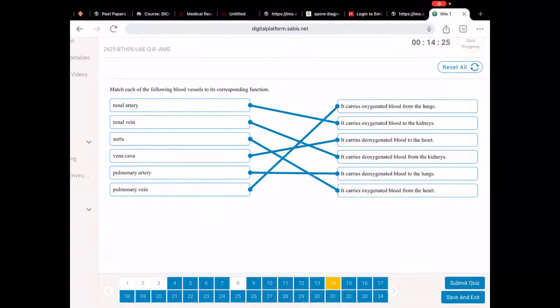Okay. No, Ryan, we said veins carry deoxygenated blood. Only one vein carries oxygenated blood. Who's gonna tell Ryan which vein carries oxygenated blood?